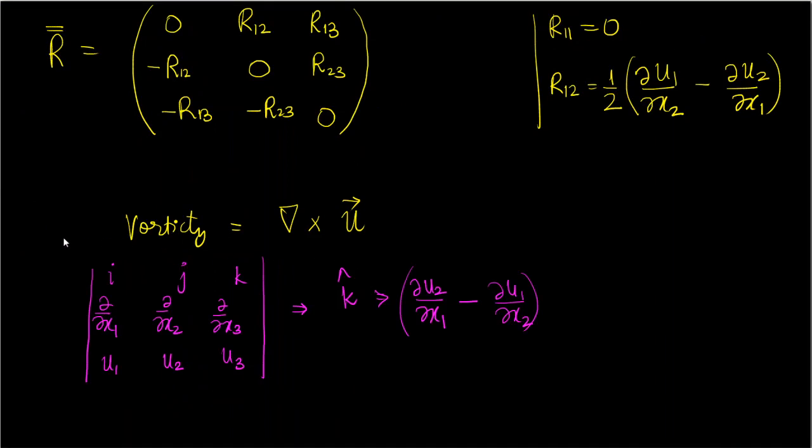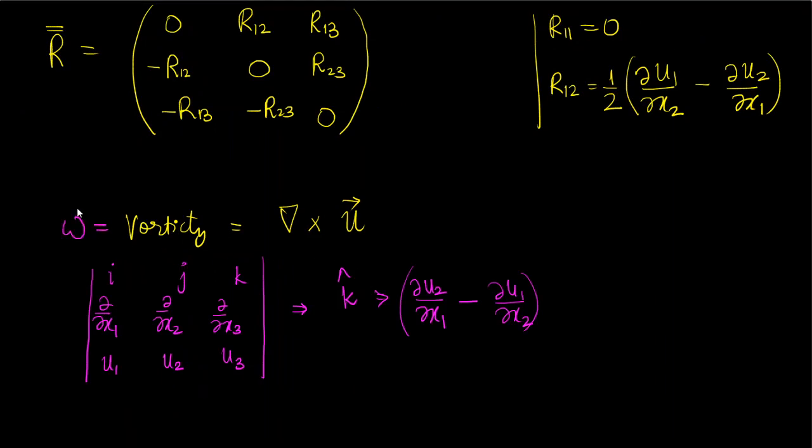The vorticity is given the symbol omega. So the z component of vorticity has the gradients in the xy plane. Whatever curl you take in the xy plane will give you the component in the z direction.